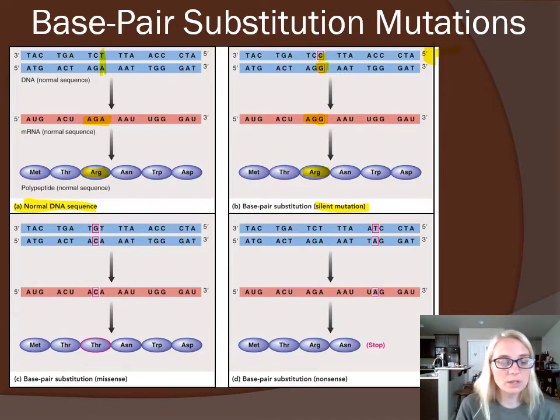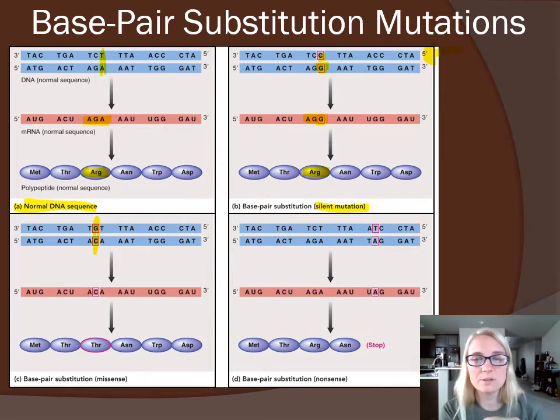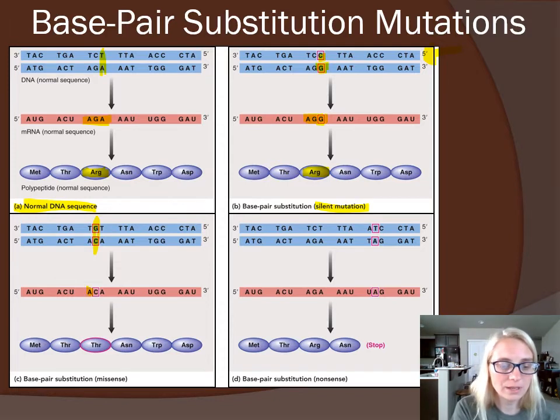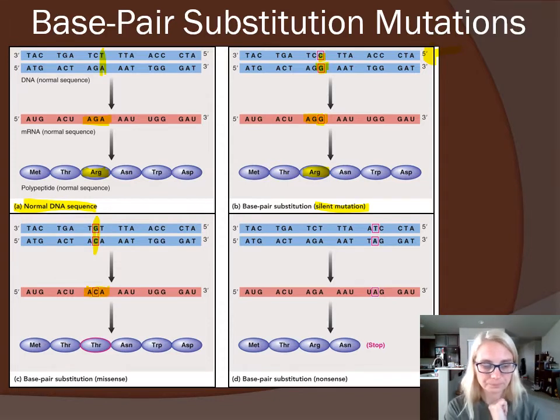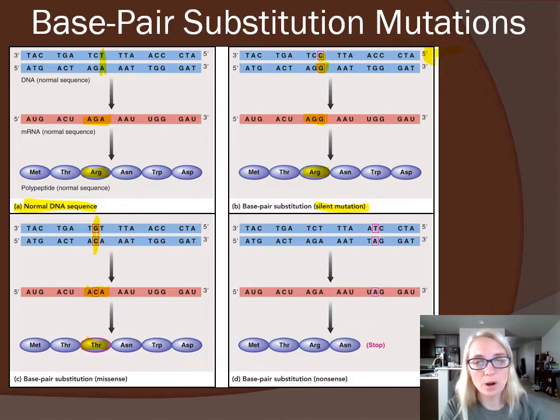All right, let's take a look at the bottom left panel. We're looking at the same codon, but instead of the third base changing, it's the middle one. So instead of AGA, we now get ACA, and in your genetic code, ACA codes for threonine. Now, is that a problem?